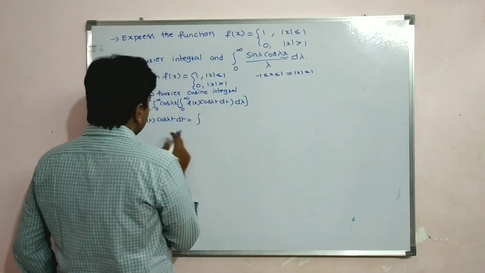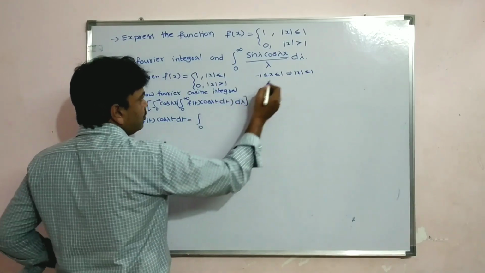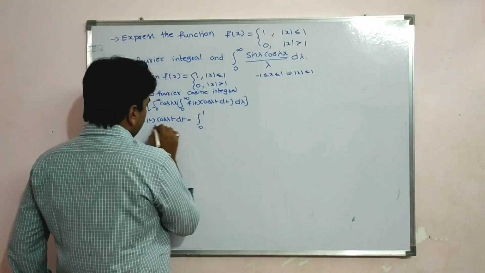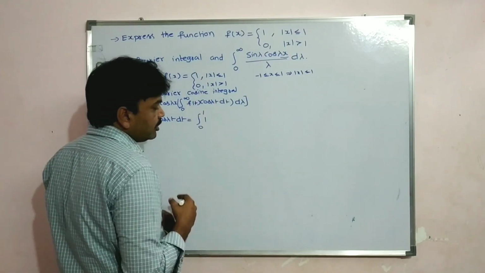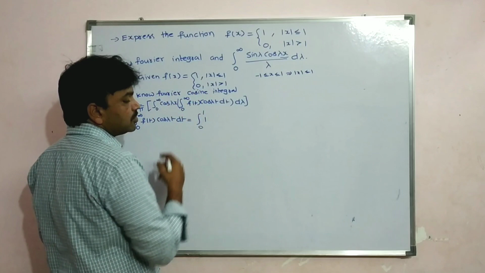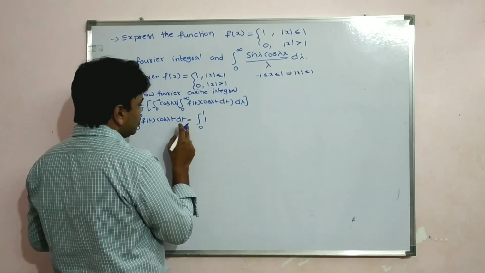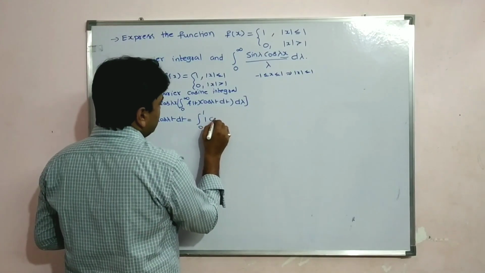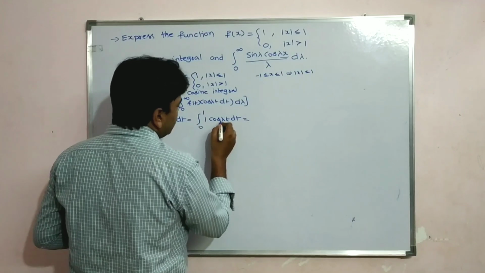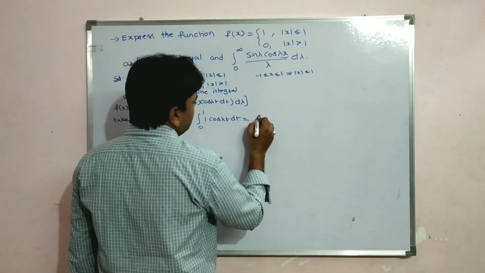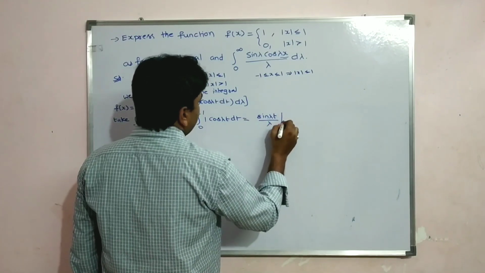So our lower limit starts from 0, and the upper limit is 1. Now what is the f of t value? 1. Beyond these limits the function value is 0. So f of t value is 1, simply cos lambda t dt. So that is equal to the integral of cos lambda t, simple: sin lambda t by lambda between limits 0 to 1.